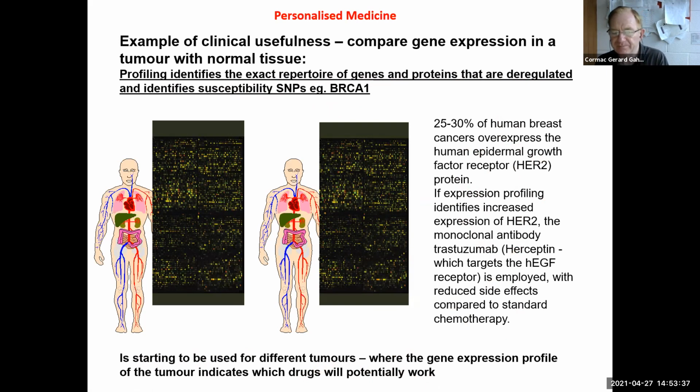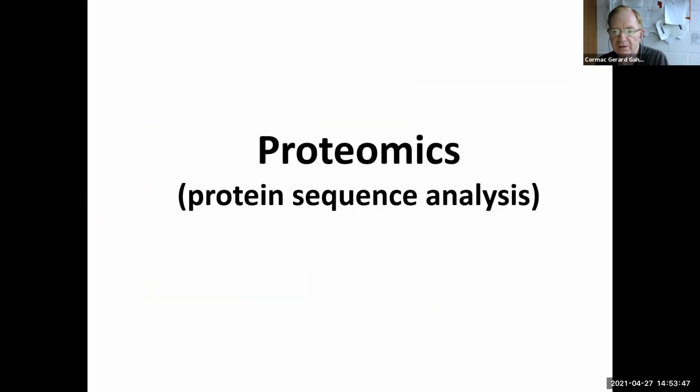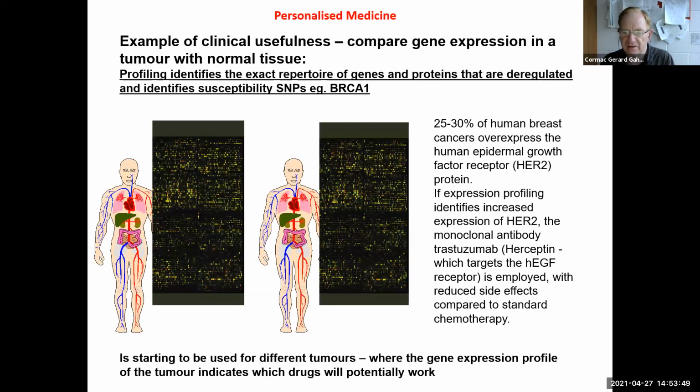Is a tumor going to be drug resistant, for instance? We know that from looking at the gene expression profiling of the tumor. I hope you see how useful this information is in pharmacy going forward, and also in biotechnology. We'll get to that a bit more at the end.